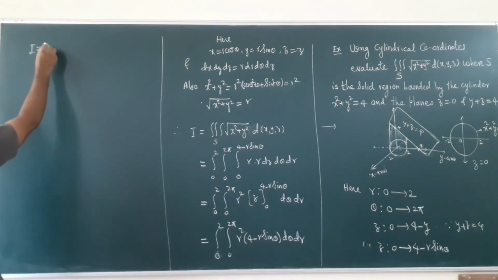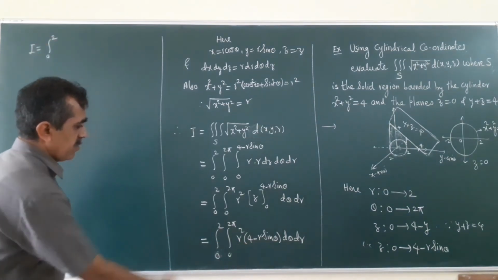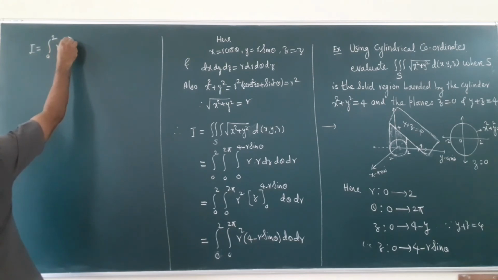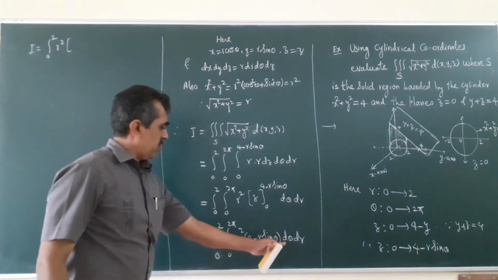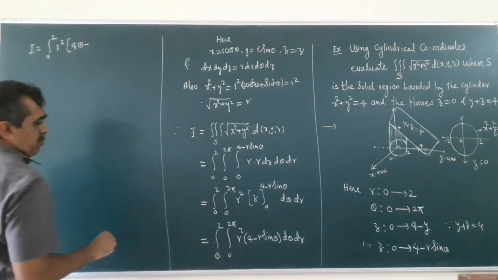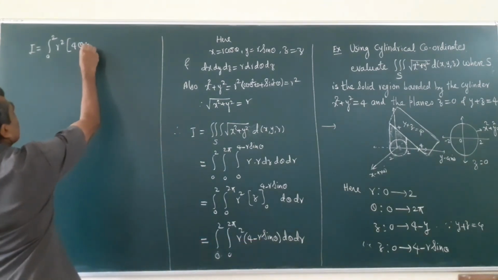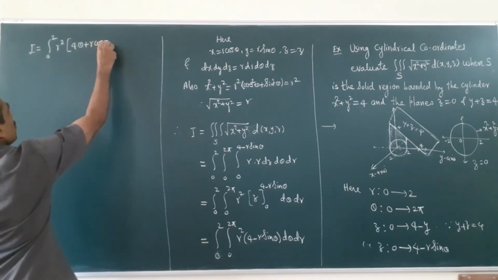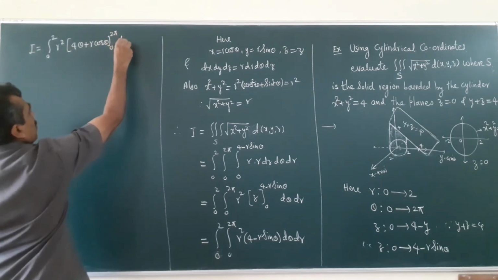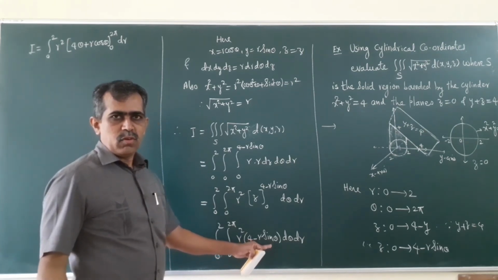So I is equal to the integral 0 to 2. Now take this r square as it is. With respect to theta, the integral of 4 is 4 theta, minus the integral of r sin theta, which is plus r cos theta, over 0 to 2 pi, dr. The integral of minus sin theta is cos theta, because the derivative of cos theta is minus sin theta.